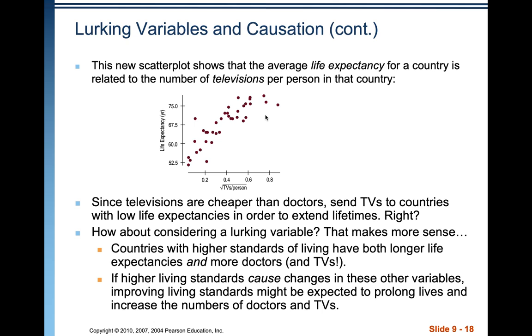So if the higher living standards actually cause the changes in all the other variables, cause the increase in them, improving living standards might be expected to prolong lives and increase the number of doctors and TVs. It's going to have the effect on all three. Again, the only way we can actually prove a causal relationship in AP statistics is to perform a well designed experiment, which would be hard to do with countries.